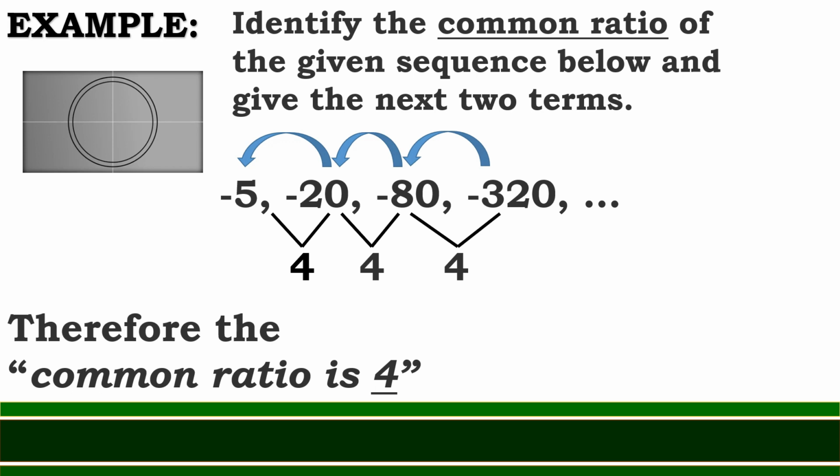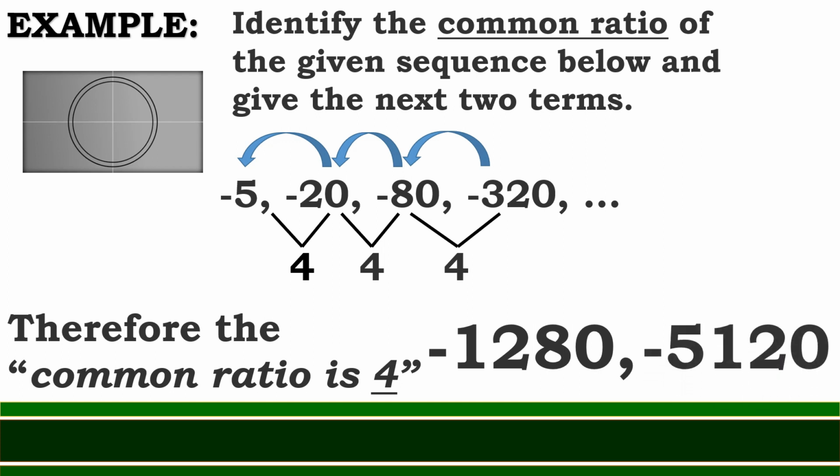How about the next two terms? So we'll just simply multiply. -320 times 4 will give you -1280. Okay, then how about the next one? -1280 multiplied by 4 is -5120. Okay, very good.